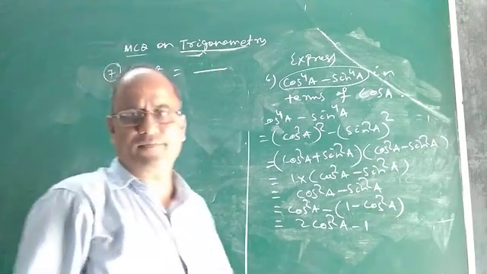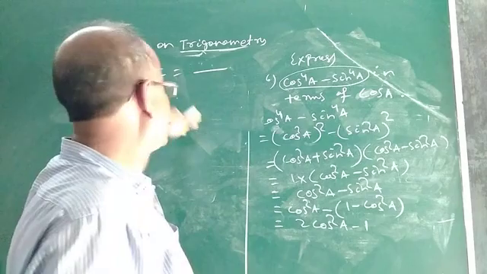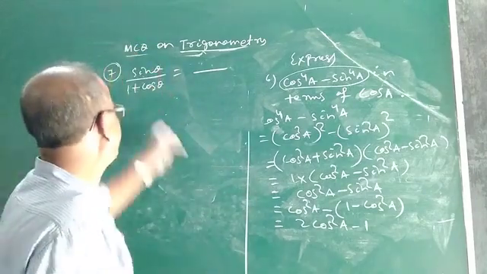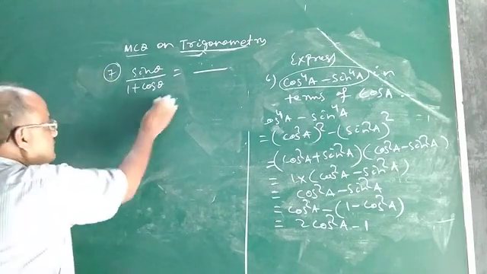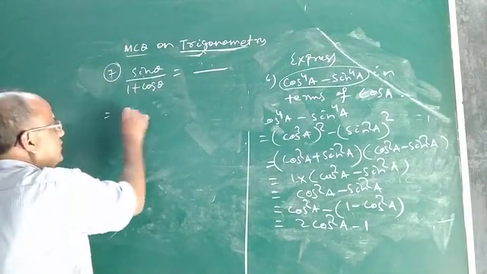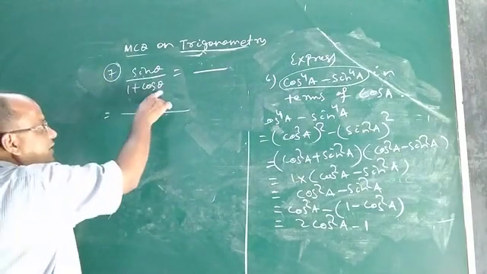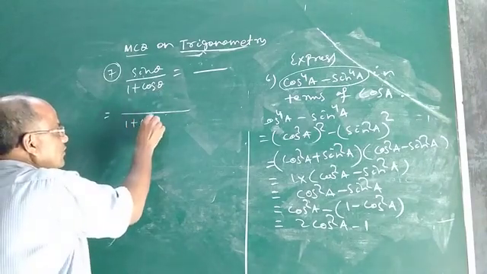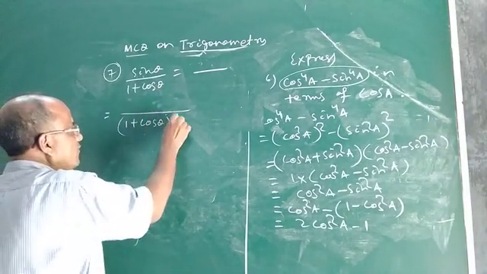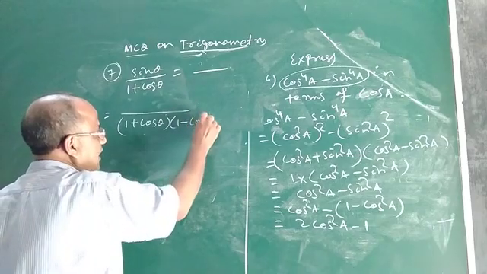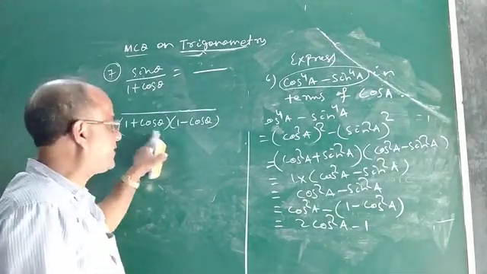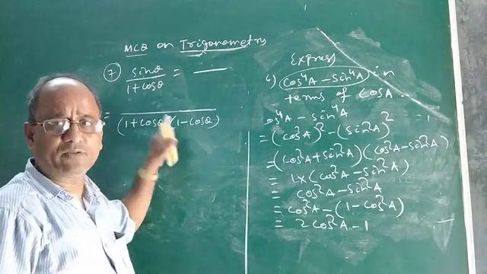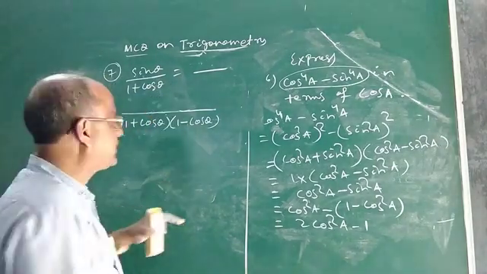What will be the value of this trigonometric expression? To find its value, look at the denominator. It is 1 plus cos theta. So what you will do is multiply by 1 minus cos theta, the negative of the second term, to the denominator as well as the numerator.